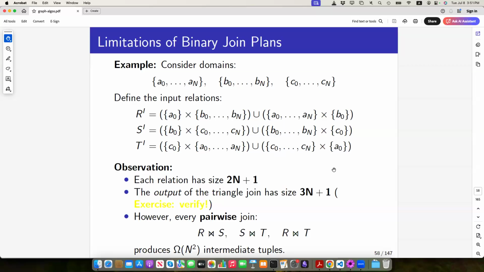The output of the triangle join, you can easily verify. It's a simple exercise. I don't want to do it here, but it's linear in terms of the output. But if you try any pairwise join, you will generate n squared intermediate tuples. So basically, if you try a SQL query with an unoptimized and standard binary join, it will be very inefficient because it will generate a huge intermediate result.